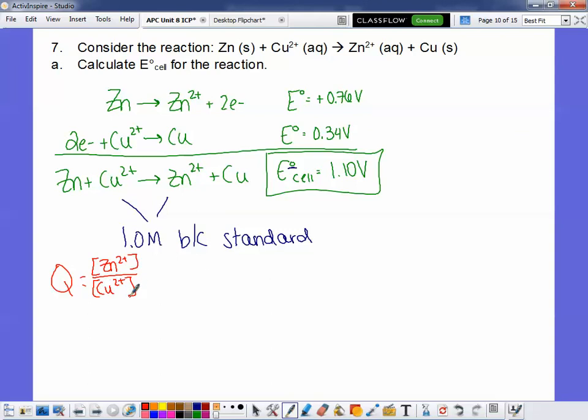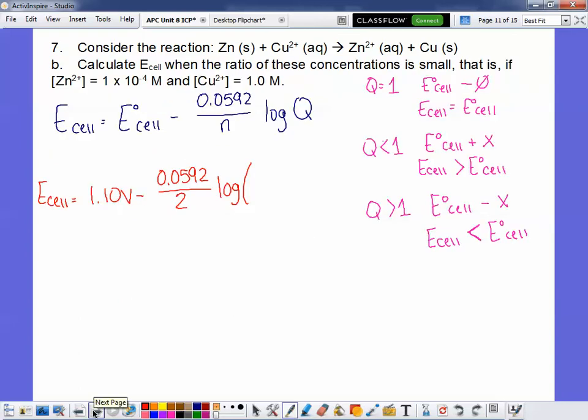Because they're solids. So it's the ion of your product over the ion of the reactant. So remember, it's always products over reactants. Okay? So my zinc 2 plus ion concentration here is 1 times 10 to the negative 4. And then my copper ion concentration stayed as 1.0.